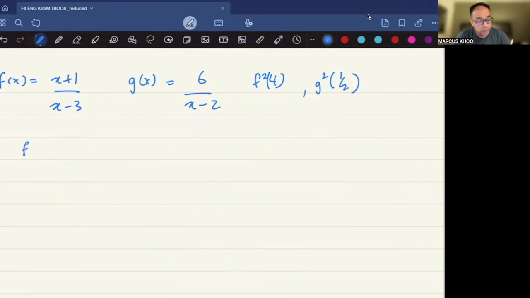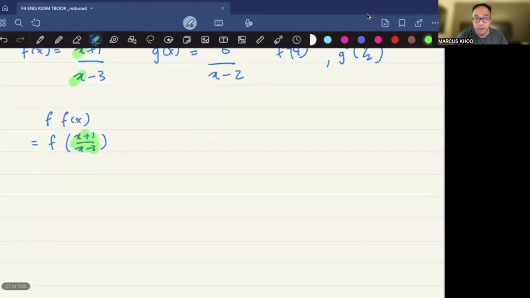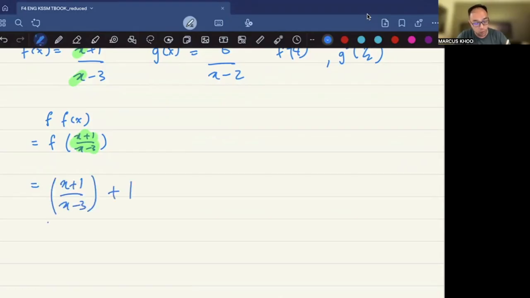Okay, f(x). So you substitute f is x plus 1 over x minus 3. Then remember, every single object must go into the function. So this is what you're going to get: x plus 1 over x minus 3, the whole thing, plus 1, over x plus 1 over x minus 3, the whole thing, minus 3, the object.